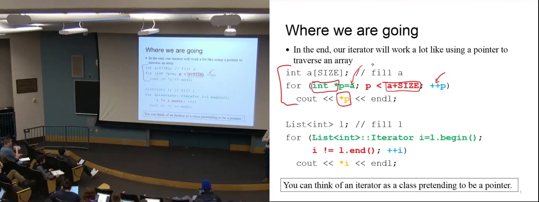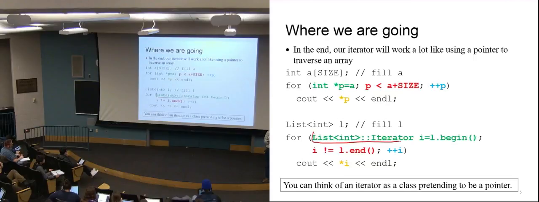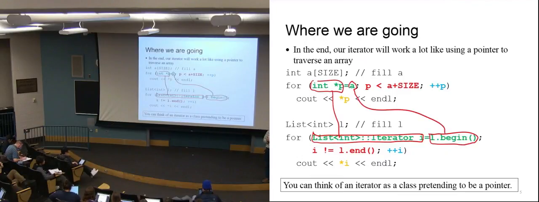So we're going to create an iterator that starts at the beginning, and we're going to keep going until we are at the end.